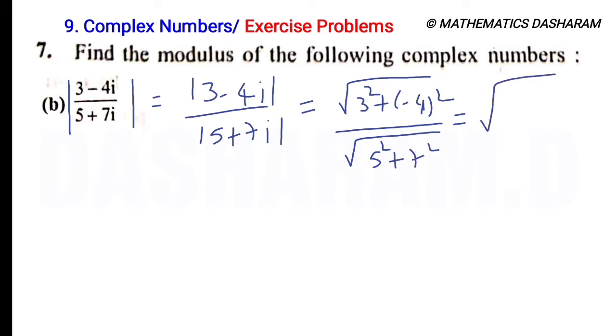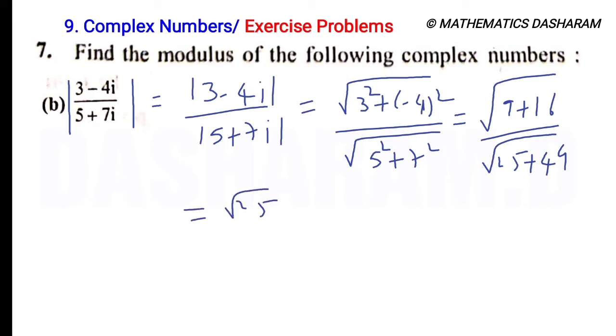So under root 3 square 9, 4 square 16, by 5 square 25 and 7 square is 49. So it is equal to under root 25 divided by 25 plus 49, which is 74. So root 25 is 5 divided by under root 74.